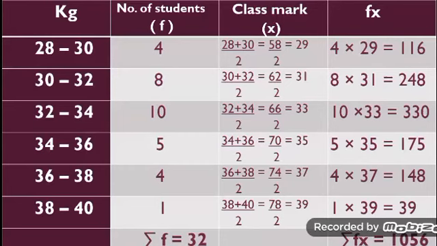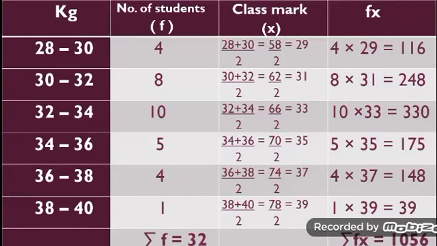We will find out the summation of fx now. We will add up all the values of fx, and then we will write summation fx is equal to 1056. By adding all these values we get 1056.